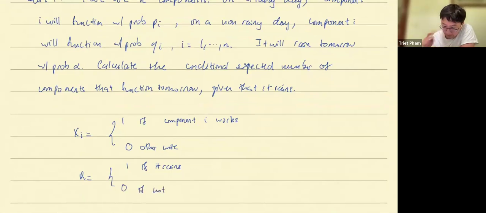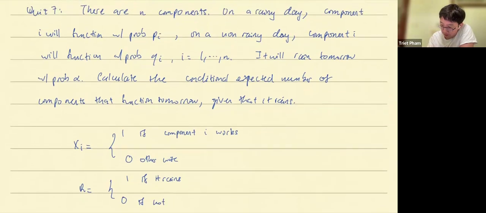Okay. And what are we looking at? Component i will function with probability pi. So the probability that xi equals 1, given that r equals 1, is pi.